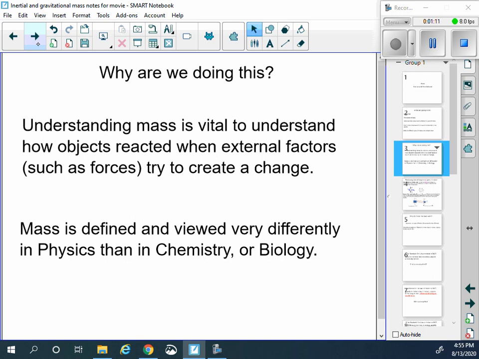From a chemistry point of view and a biology point of view, their definitions are more applicable for them, so it probably suits them better than what a physicist would view. For you, it's important that you understand all these different perspectives of mass, because you never know what you're going to be facing.